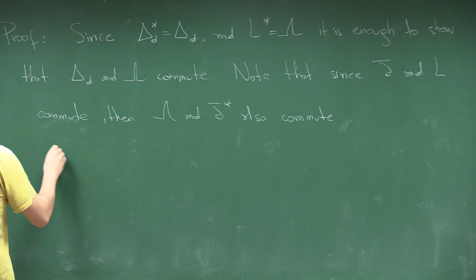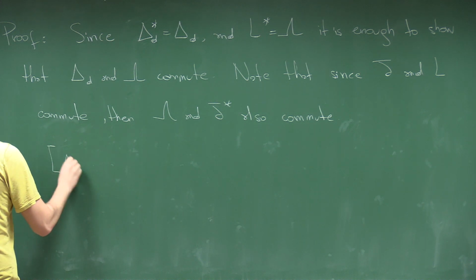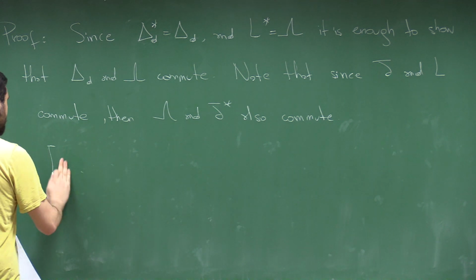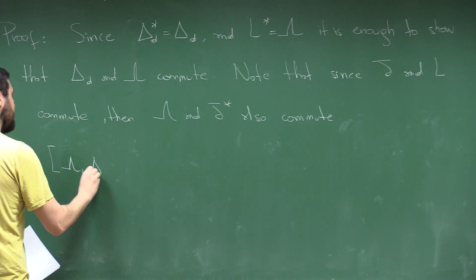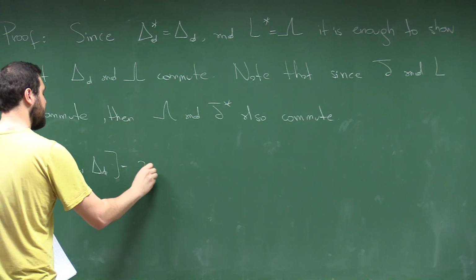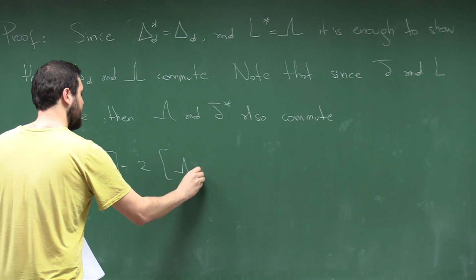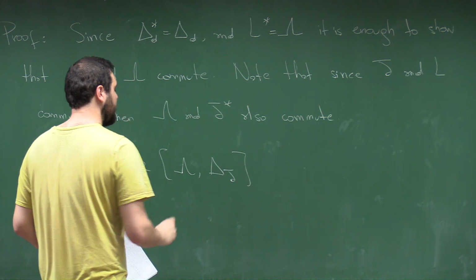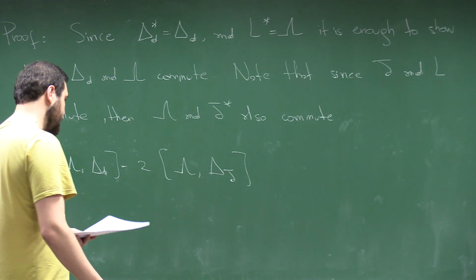So now we can compute the commutator. Lambda and the Laplacian is 2 times the commutator of lambda and the delta bar Laplacian, and we can compute this.